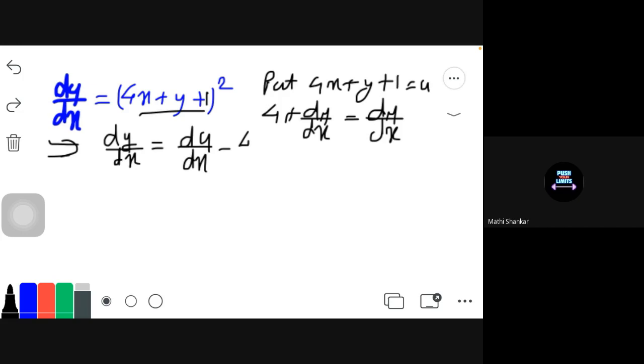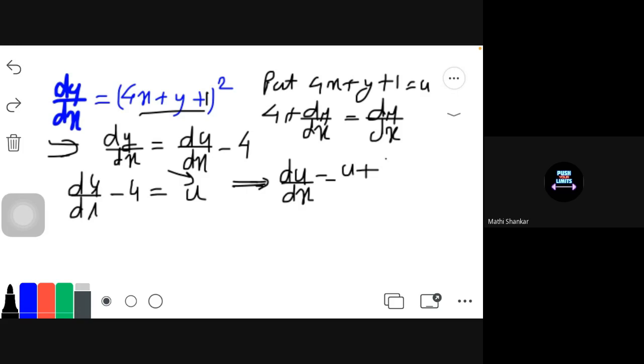So this value I'll substitute in the above equation. Instead of dy by dx, I'll write du by dx minus 4 is equals to this entire term I have put as u. Take 4 over there. So I'll get du by dx is equals to u plus 4.